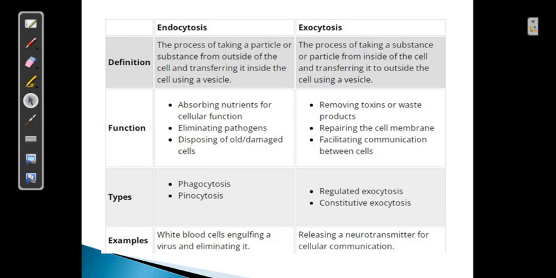Major functions done by endocytosis are absorbing nutrients for cell function, eliminating pathogens, and disposing of old damaged cells.